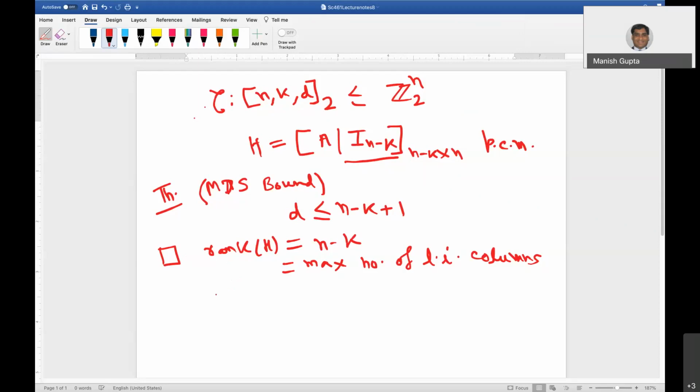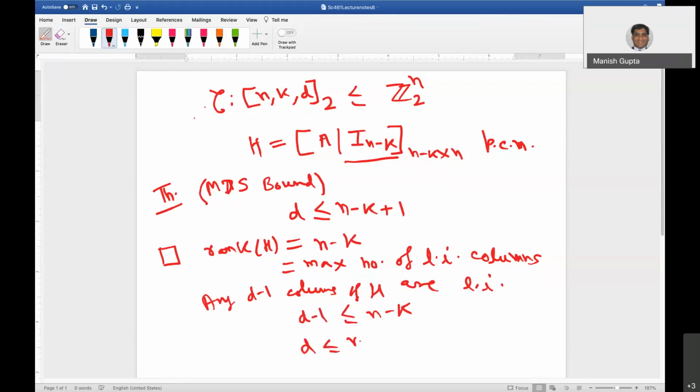Now we know that in the parity check matrix H, any d minus 1 columns of H are linearly independent. Since any d minus 1 columns of H are linearly independent and the maximum number of linearly independent columns is n minus k, therefore d minus 1 should be less than or equal to n minus k. In other words, d is less than or equal to n minus k plus 1.